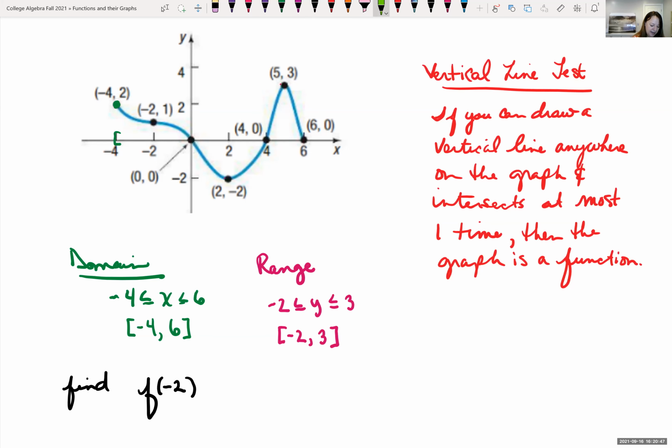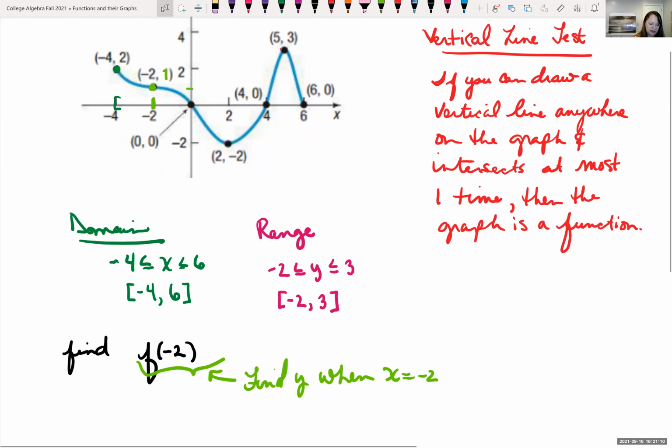Basically, this is saying we're finding y when x equals -2. So when x is -2, I can see that my y value here is 1. So f of -2 is equal to 1.